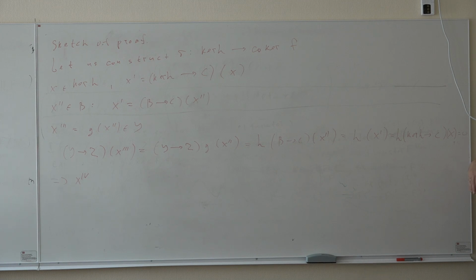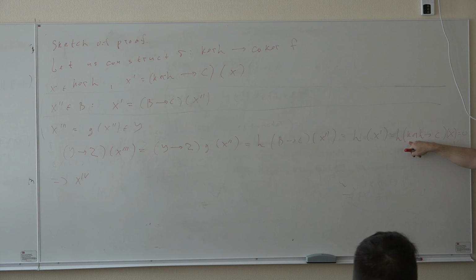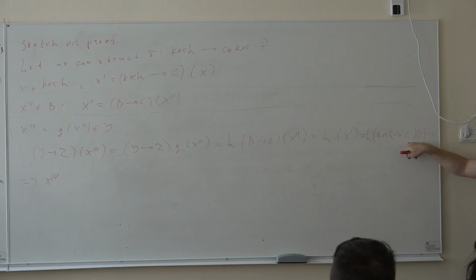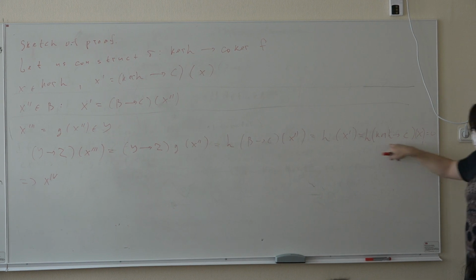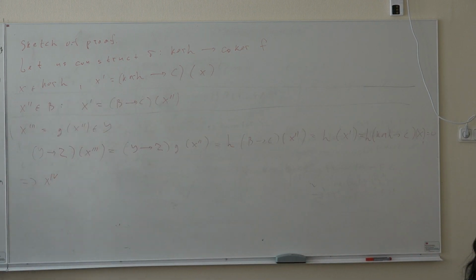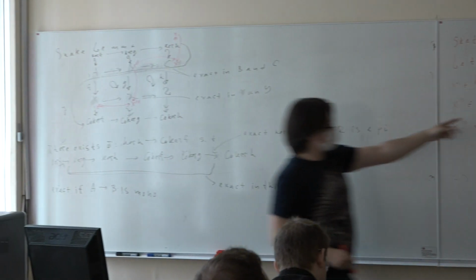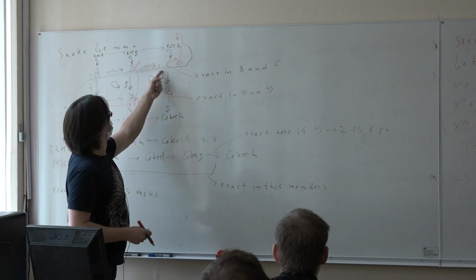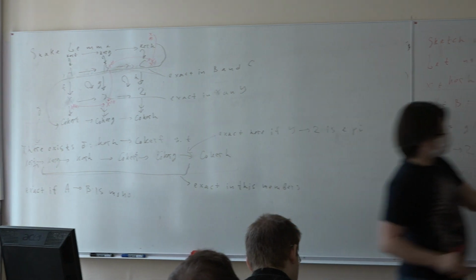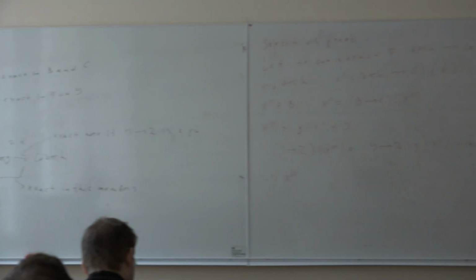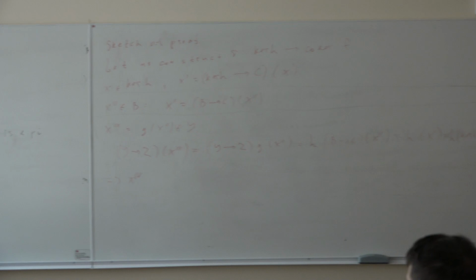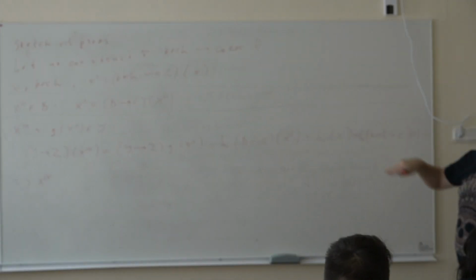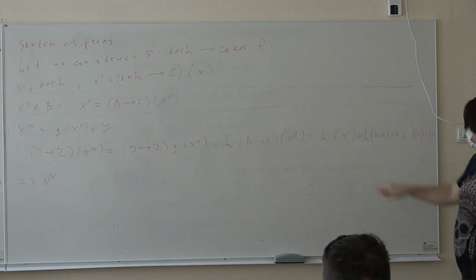Why is it in the kernel? Because this map is the inclusion of the kernel to C. I haven't denoted all maps here by letters, so when I write B to C, it means this map from the diagram. So here is the map from the kernel of H to C, which is simply the inclusion of the kernel to C. Okay. And we apply H to it.